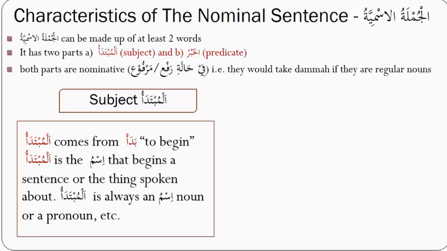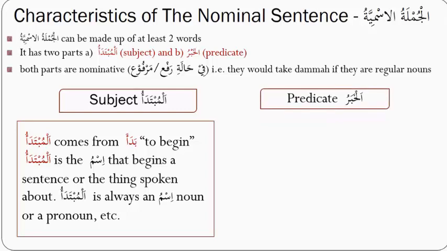So for example, Muhammadun fil bayt. Muhammadun begins the sentence, so it is the ism that begins the sentence. It is the mubtada. Or it is the thing that is spoken about. It is the subject of the sentence, right? Al-mubtada is always an ism. It's a noun or a pronoun or demonstrative pronoun, etc.